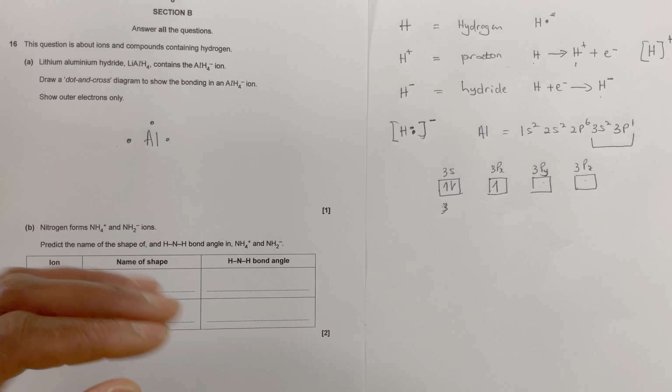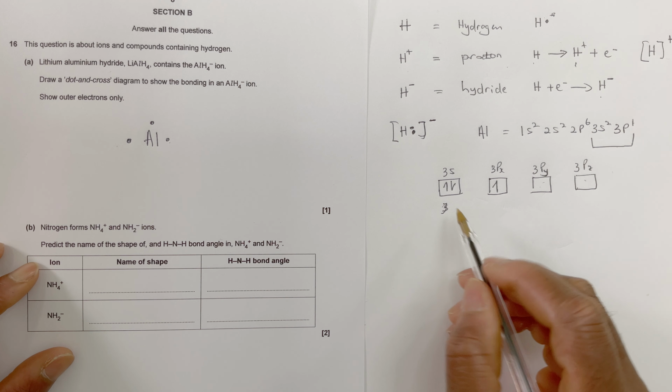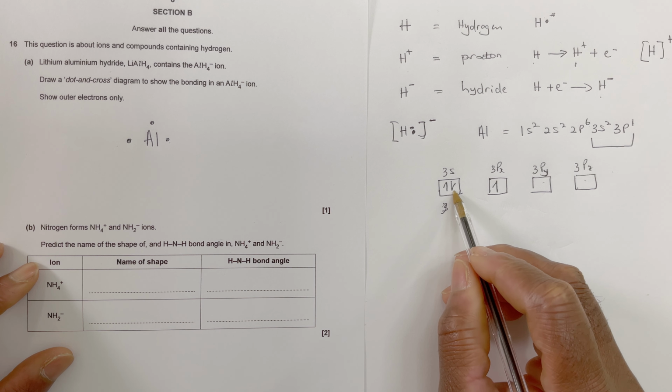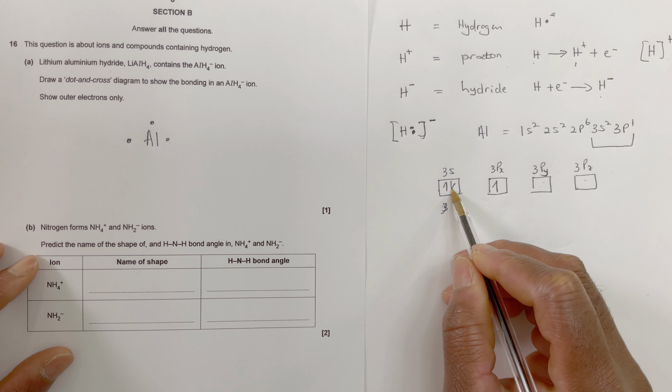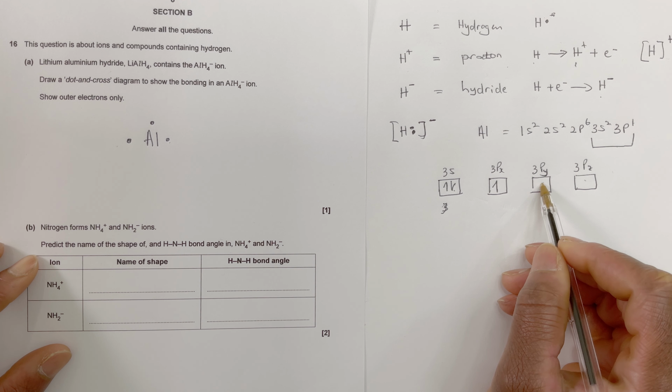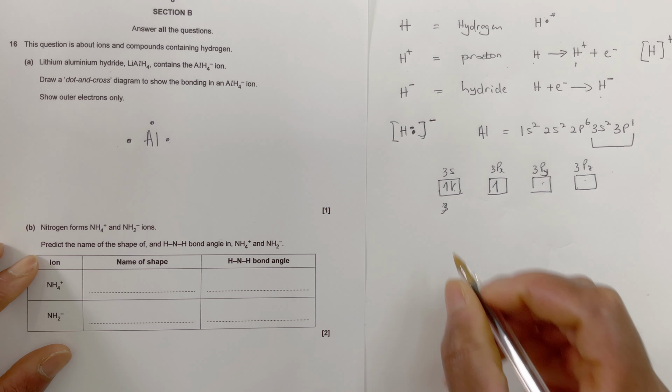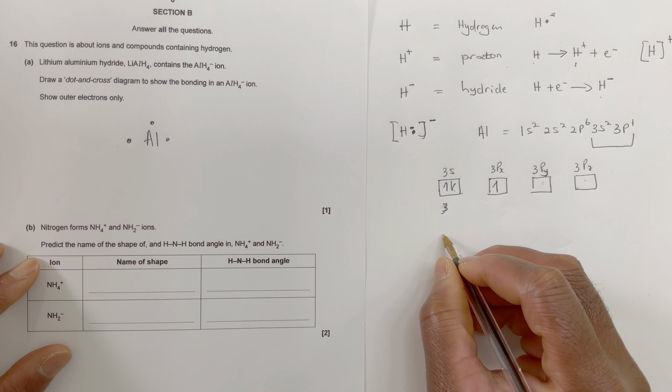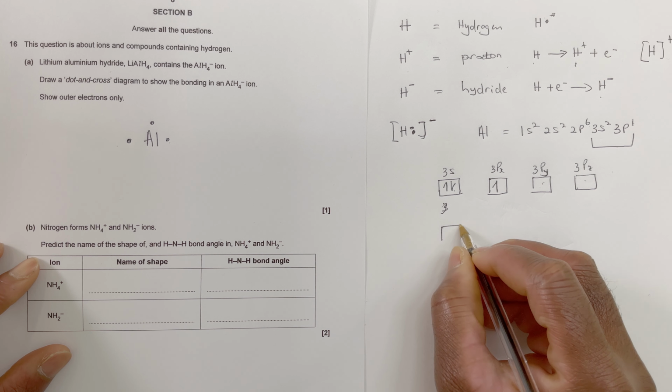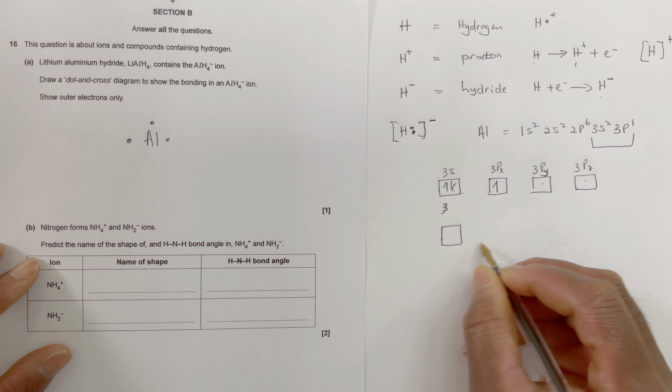Because they're vacant, this electron is promoted from 3s to there. So this is the excited state of aluminium.